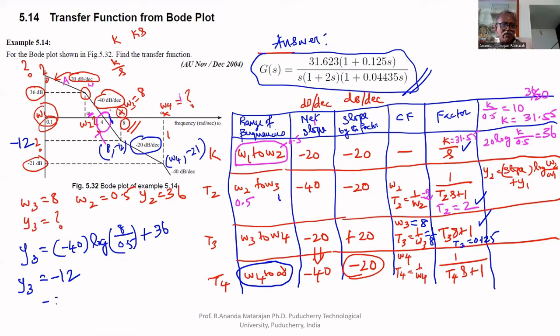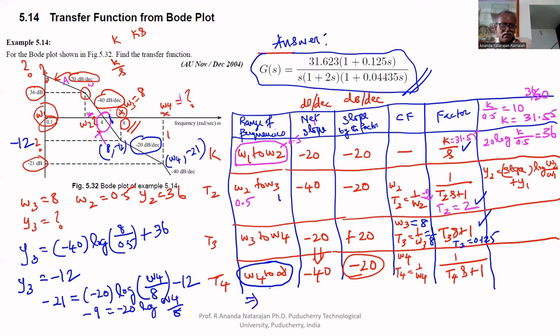Therefore, minus 21 equal to slope, minus 20 log omega 4 not known by omega 3, which is 8, plus the magnitude, minus 12. So minus 21 minus 12 gives minus 9. So minus 9 equal to minus 20 log omega 4 by 8.